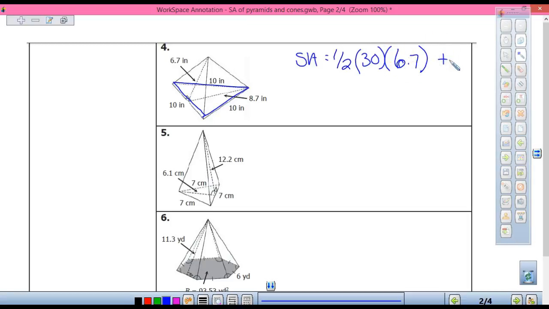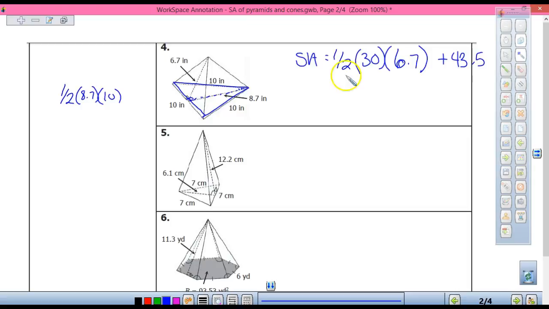Plus, now I have to find the area of the triangle. This side is telling you the height of your triangle. So the area of my triangle is 1/2 times 8.7 times 10, which is 43.5.